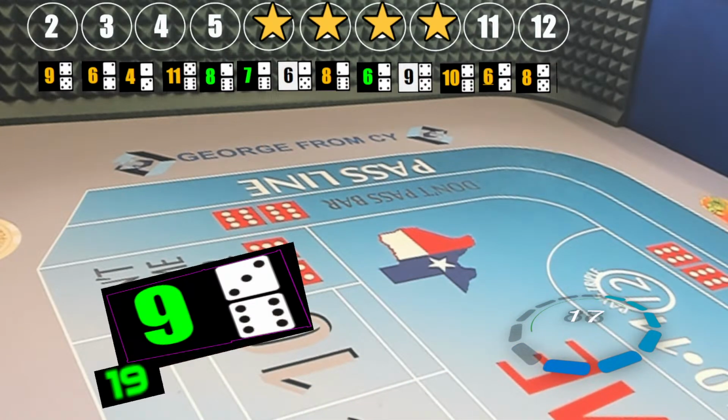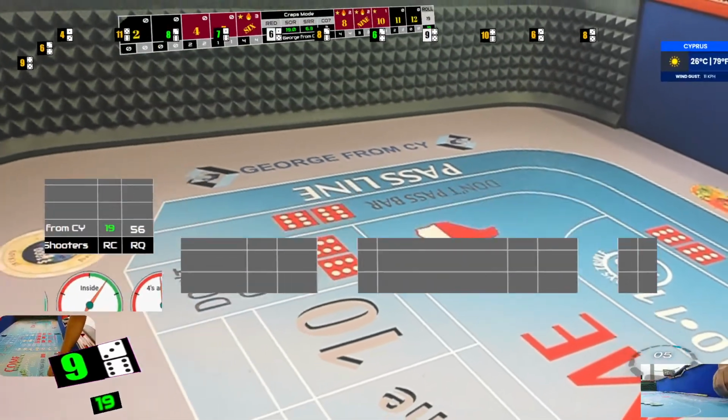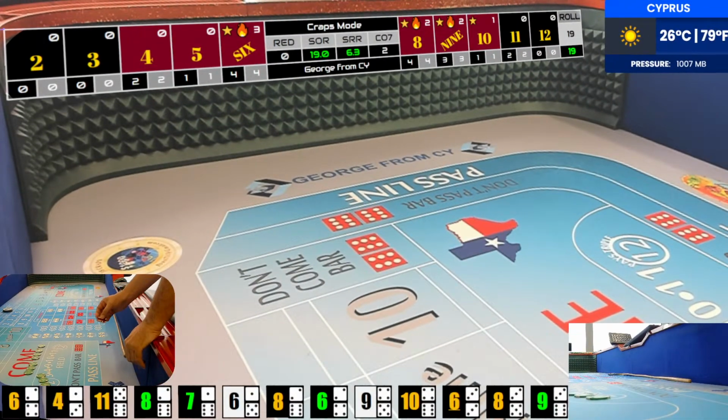So we started with a 2, 3, 2, 6. Rotate the dice, 2, 6, 2, 4. Dice out.